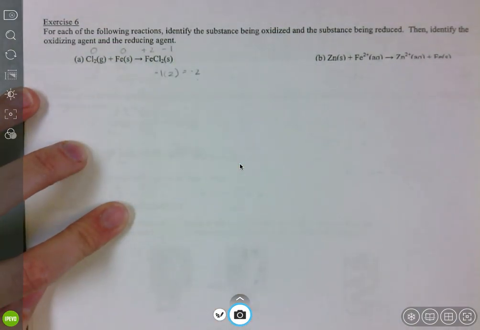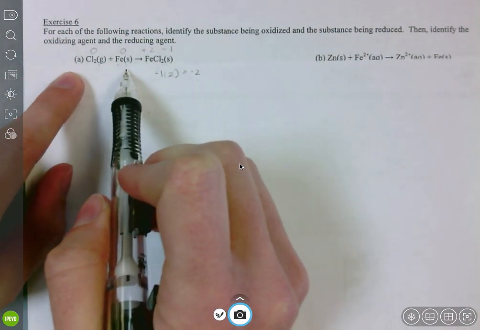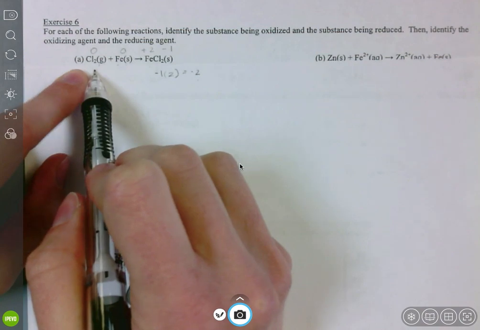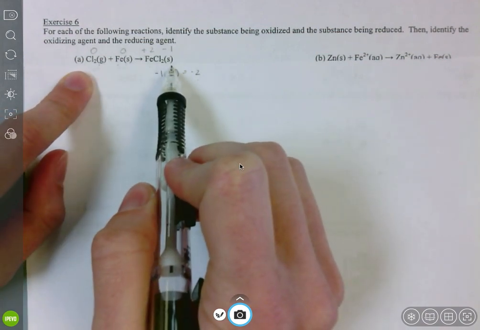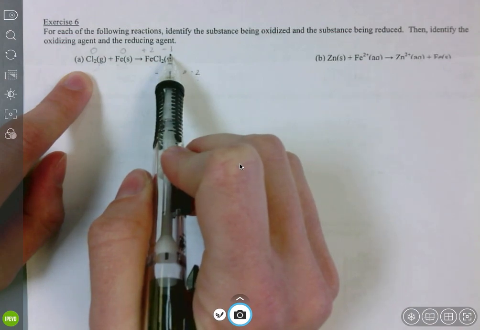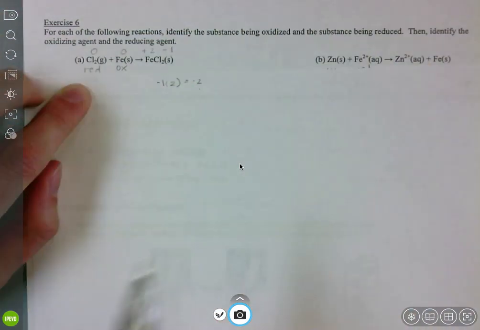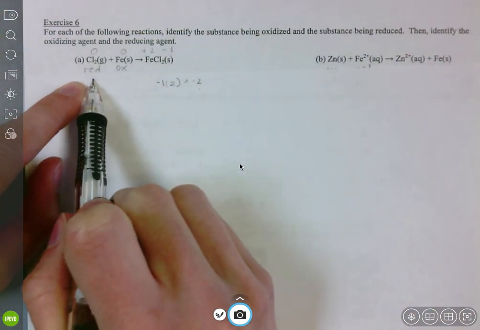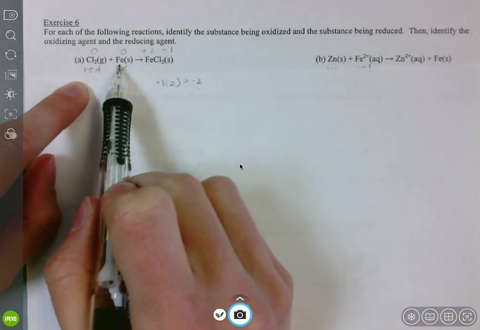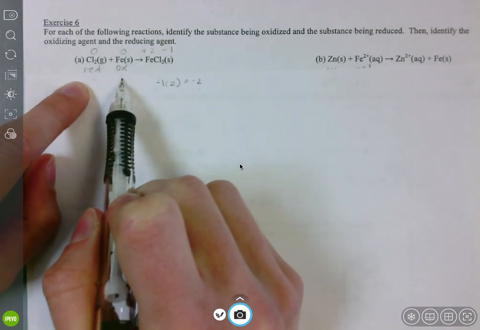So we have to look at our oxidation numbers in order to figure out if something is oxidized or reduced. Let's compare chlorine. Here we're starting with 0 and ending up with an oxidation number of -1 for just 1 chlorine. So we are gaining electrons, so we are being reduced. Here iron is losing electrons to form a +2 charge, so it's being oxidized.